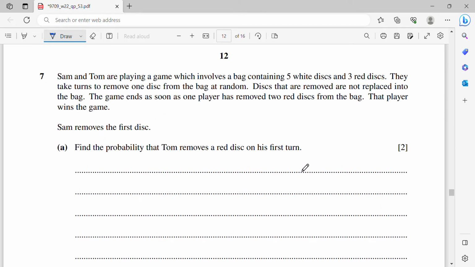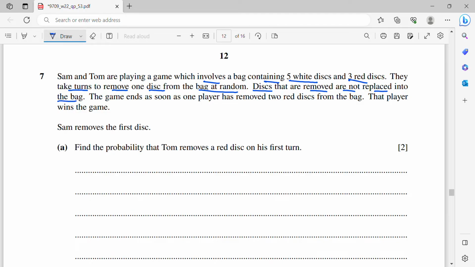Okay, next question, number 7. Sam and Tom are playing a game which involves a bag containing 5 white discs and 3 red discs. They take turns to remove one disc from the bag at random. Discs that are removed are not replaced into the bag.